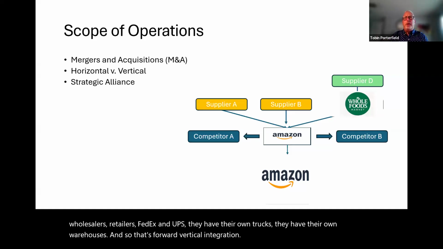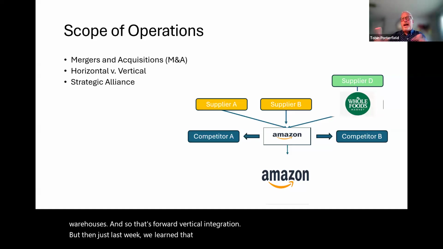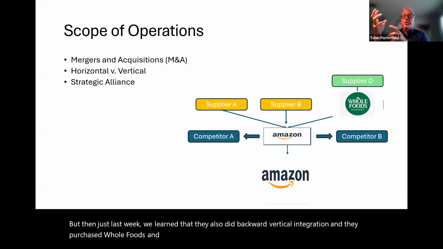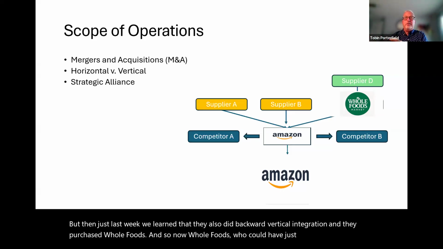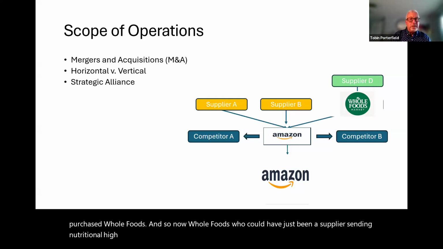But then just last week, we learned that they also did backward vertical integration and they purchased Whole Foods. And so now Whole Foods, who could have just been a supplier sending nutritional, high quality foods through Amazon, they purchased them. And so now Whole Foods is completely owned by Amazon.